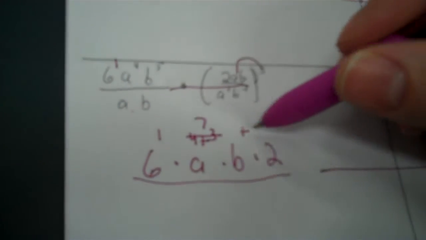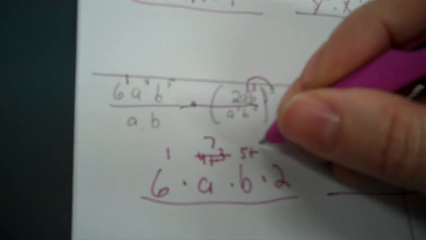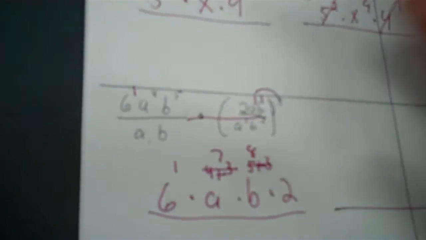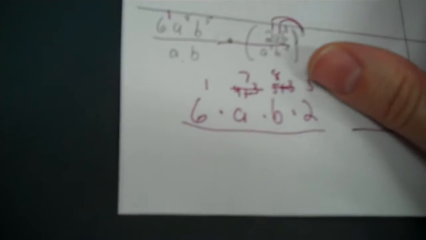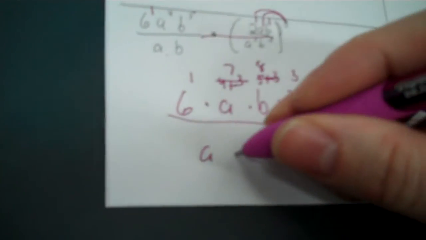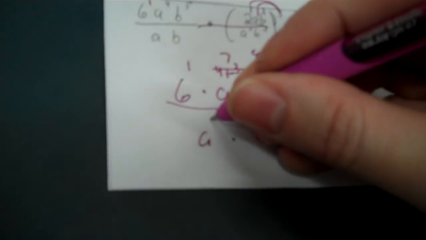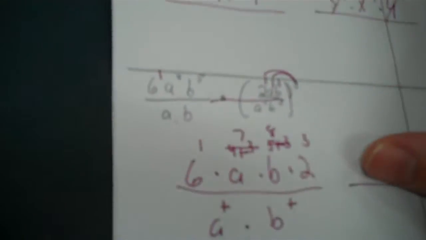Now b, we have 2 exponents on b, so we have a 5 from here, then 1 times 3 is 3. 5 plus 3 is 8. And then my 2's to the 1, 1 times 3 is 3. Okay, now on bottom we have a factor of a, a factor of b, another factor of a, so I put plus, and another factor of b, so I put plus.